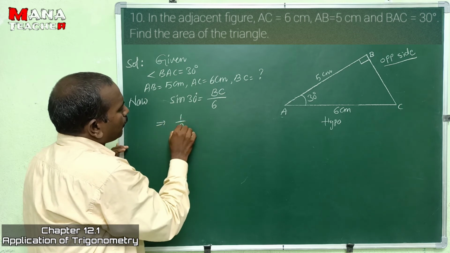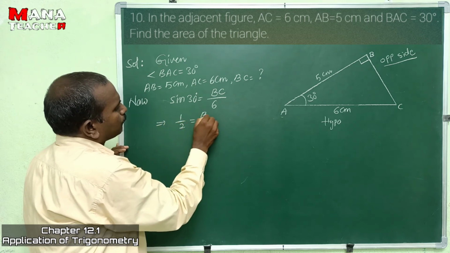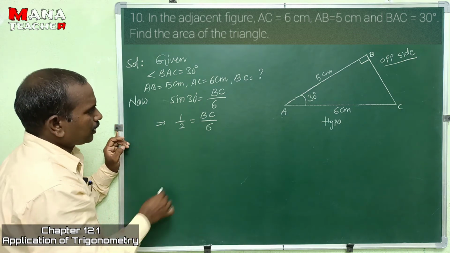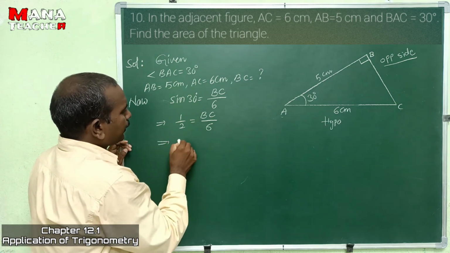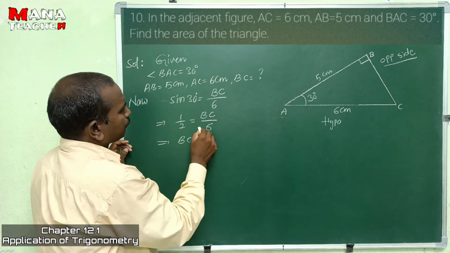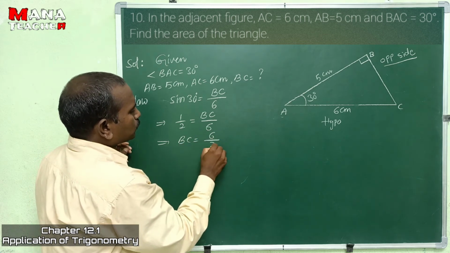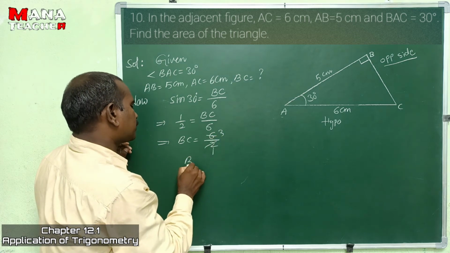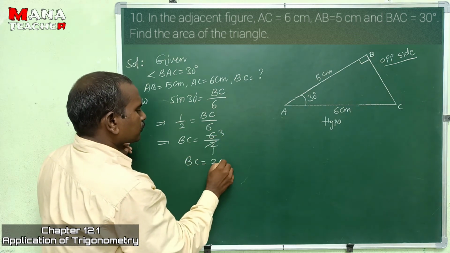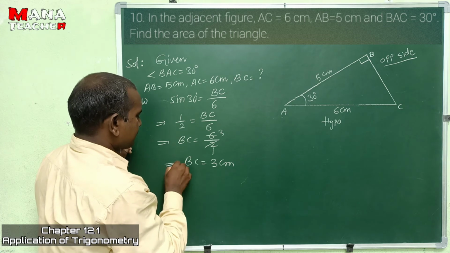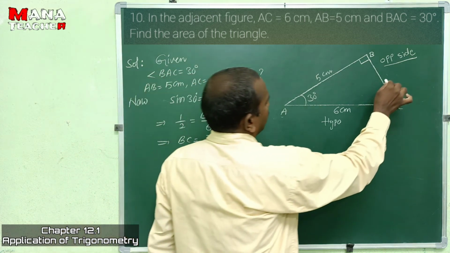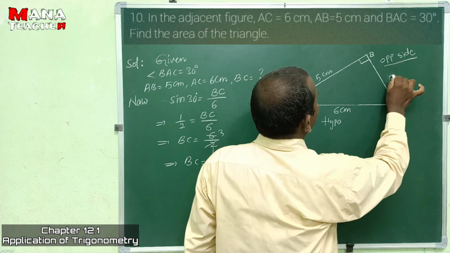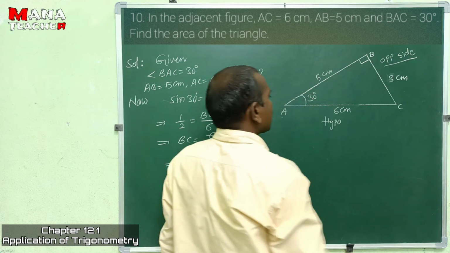Now 1 by 2 equals BC by 6. Okay. Now BC equals 6 by 2. 2 ones are 2, 2 threes are 6. So BC equals 3 centimeters. Now we got AC equal to 6 centimeters, BC equal to 3 centimeters.